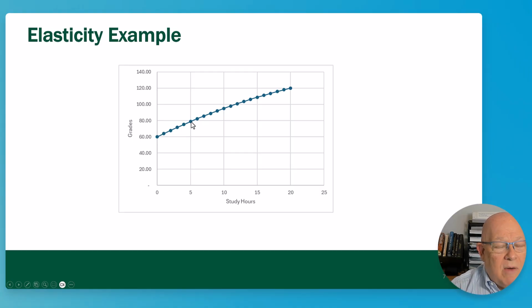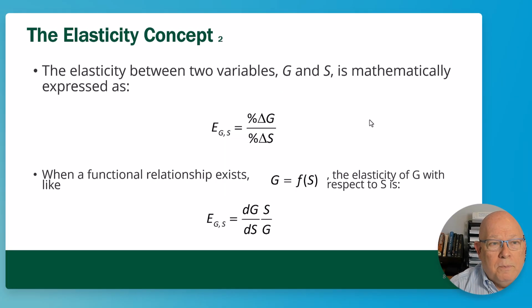If we study 5 hours a week, we'd expect to get about an 80%. And if we study 10 hours a week, we would expect something around a 95%. Obviously, we really can't go above 100, but mathematically, that's what the formula shows us.